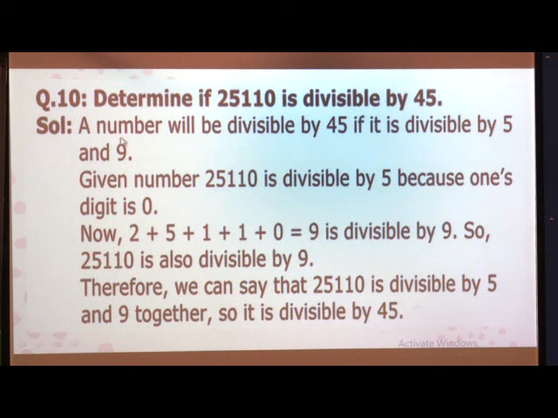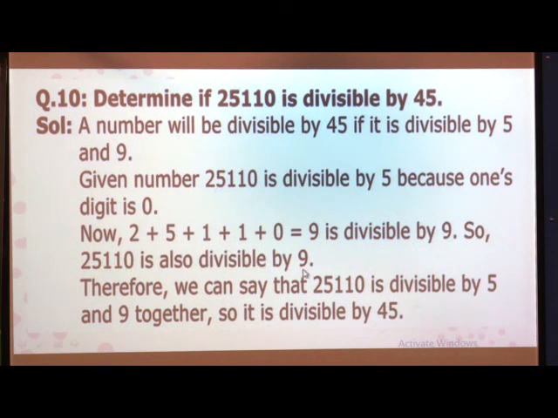Now, for the divisibility rule for 9, we have to do the sum of the digits. So, 2 plus 5 plus 1 plus 1 plus 0 is equal to 9. Is 9 divisible by 9? Yes, 9 is divisible by 9. So, the number is divisible by 9.